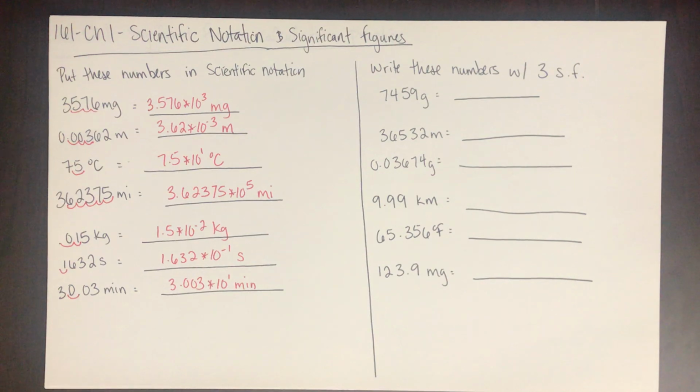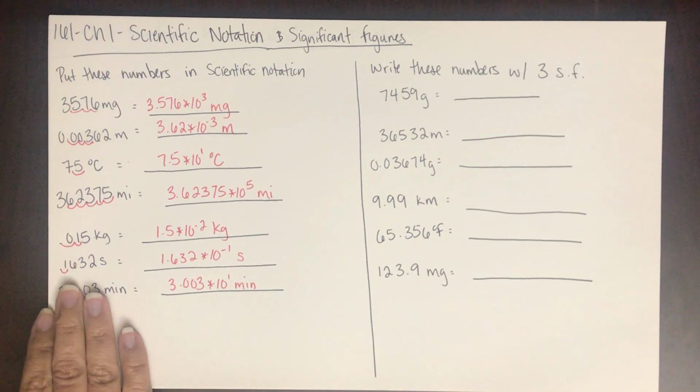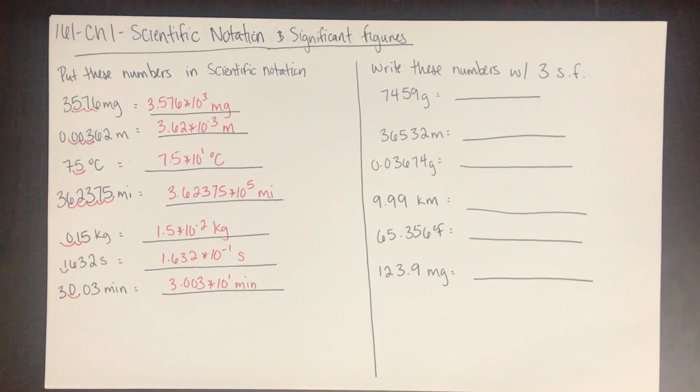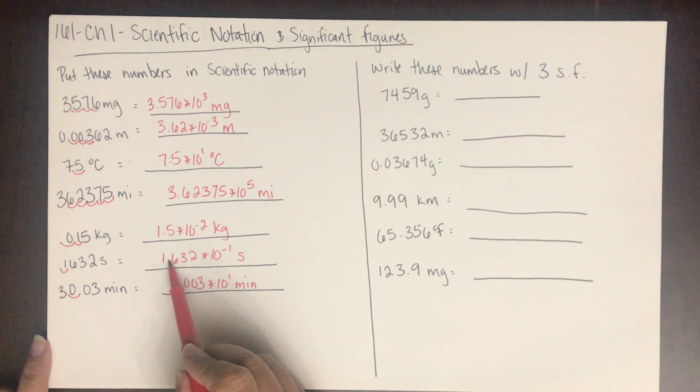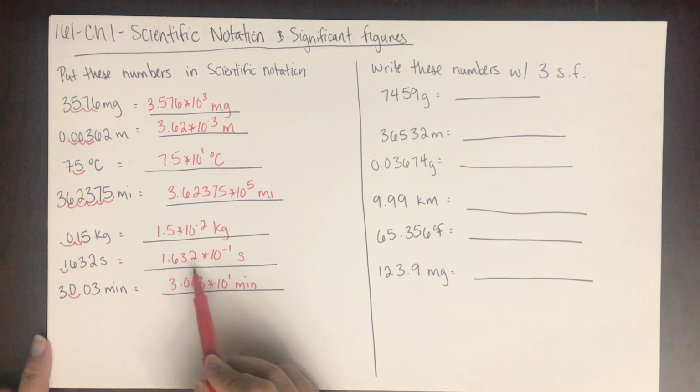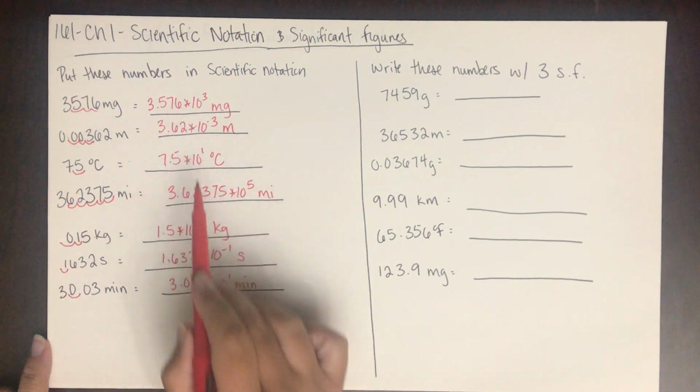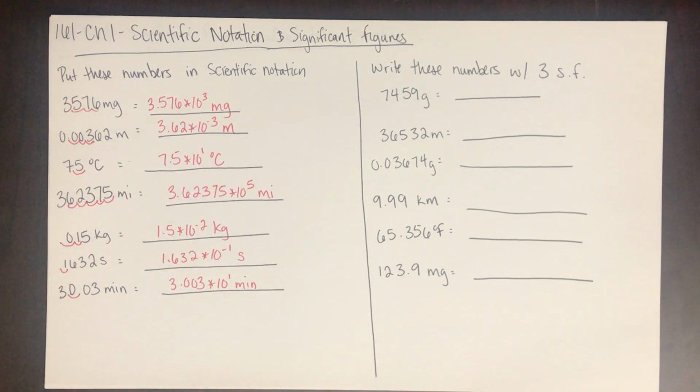So this is how we convert numbers from what we call standard notation into scientific notation. So we move the decimal place so that it is to the right of the first non-zero number, and then we use the exponent to tell us how many places we moved it. So a positive exponent means you moved the decimal place to the left.